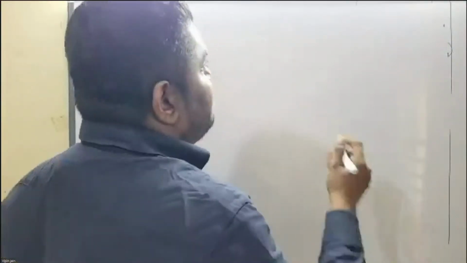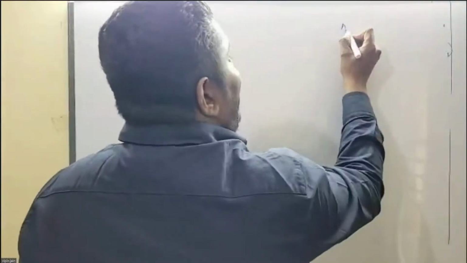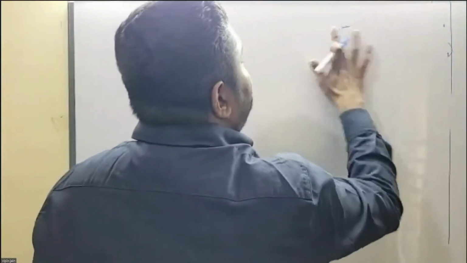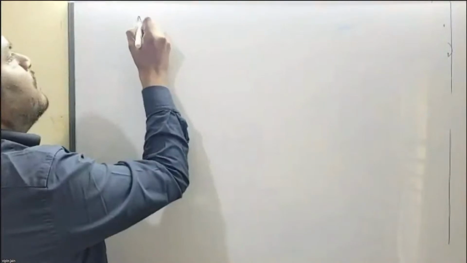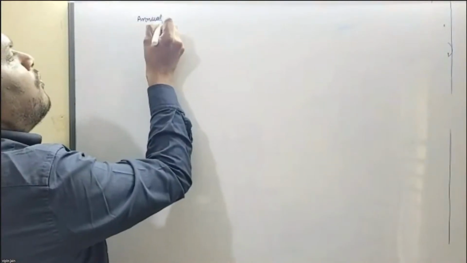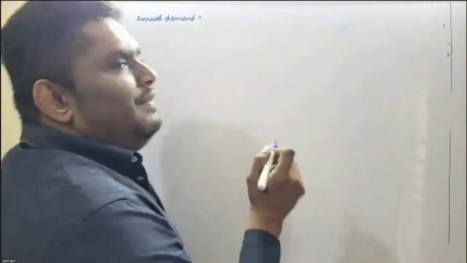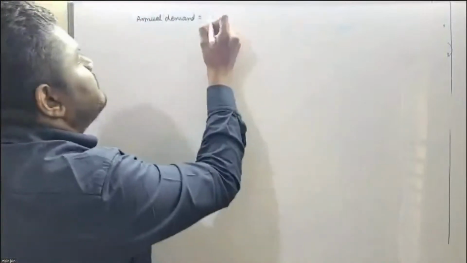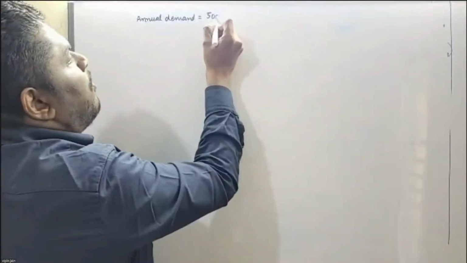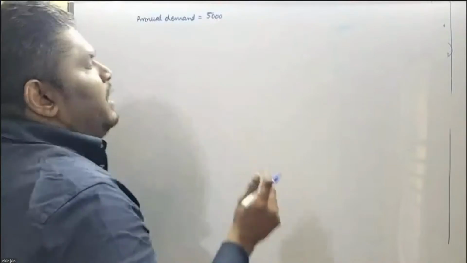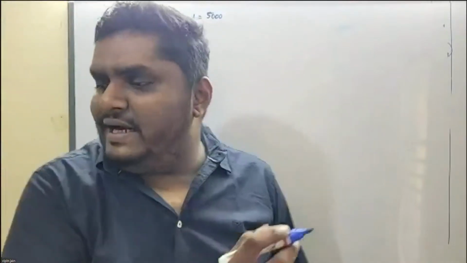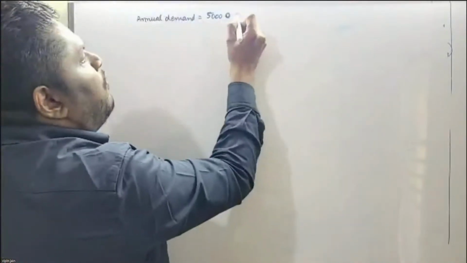Now see, the annual demand is given in the question, that is 5,000 units, which were purchased at the rate of 20 rupees per unit.